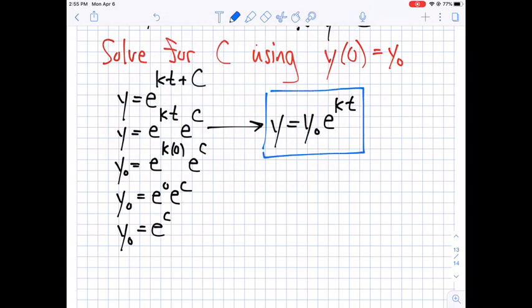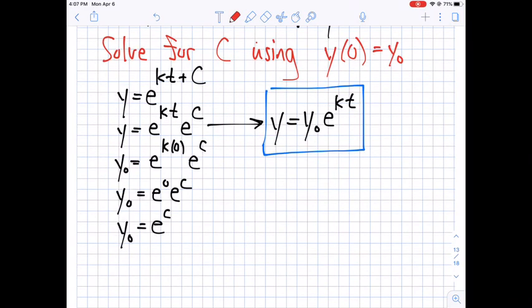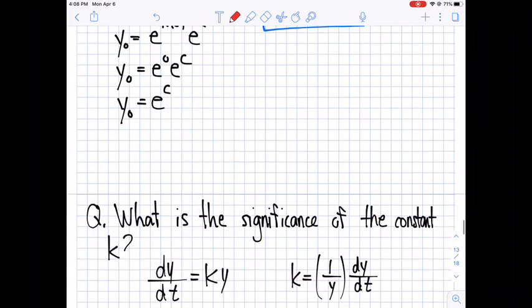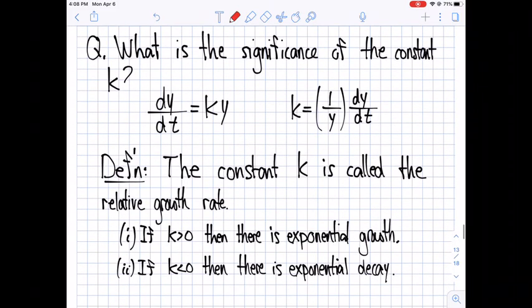Okay, this is going to be how we refer to our solutions of exponential growth, exponential decay in the future. So one of the questions you're maybe wondering is, what is this constant k? What is this constant representing? So that's very much what we're going to look at.